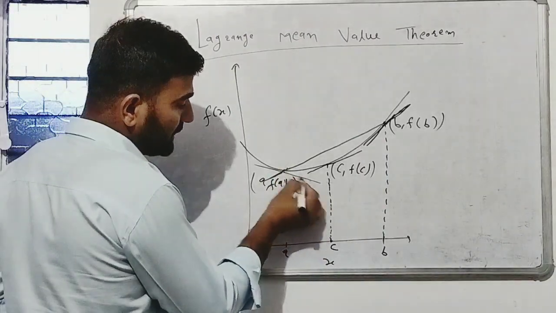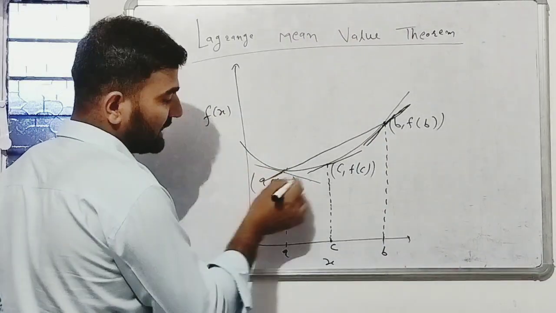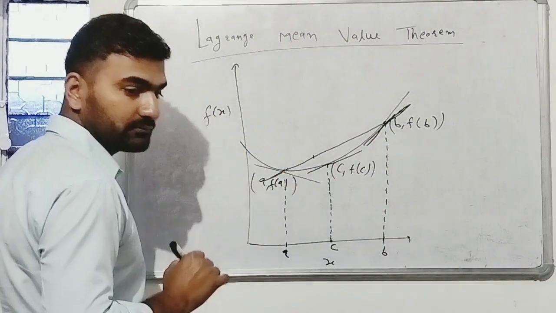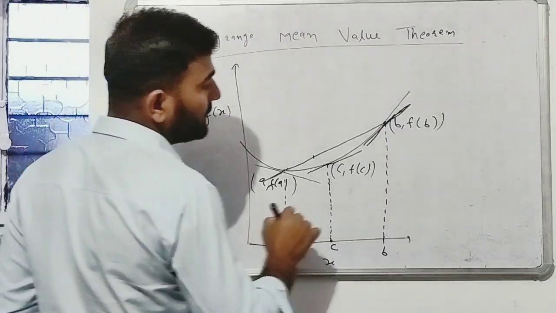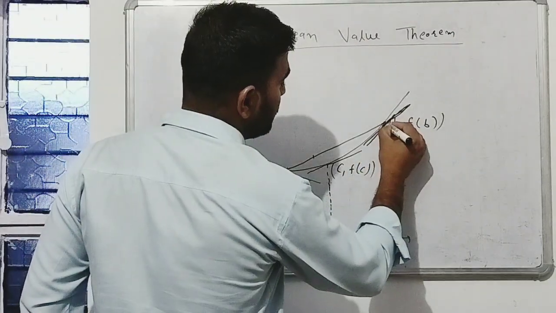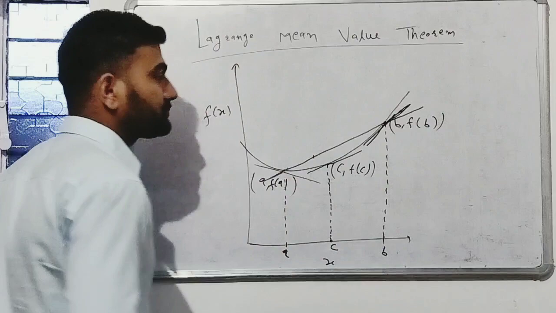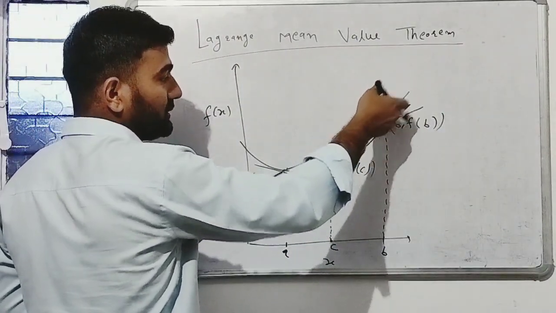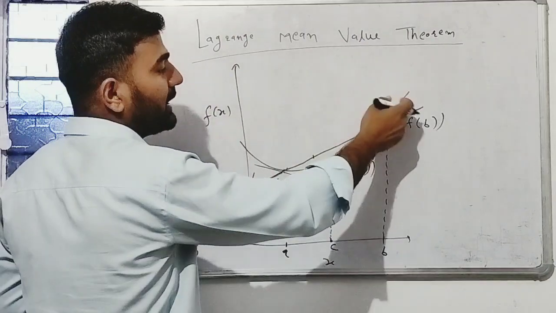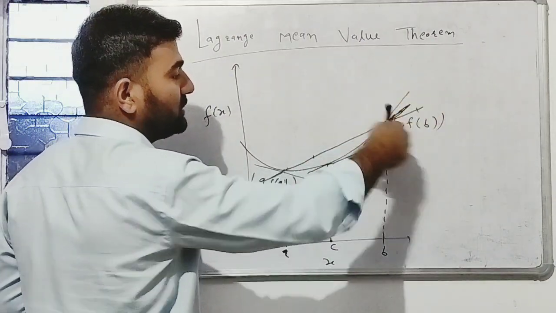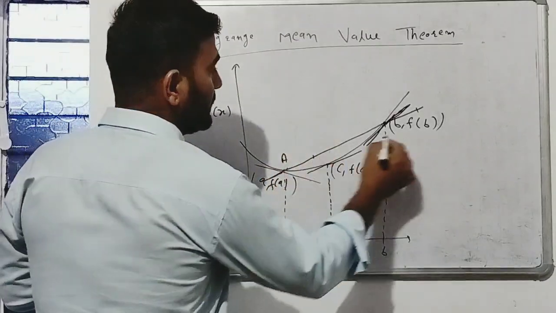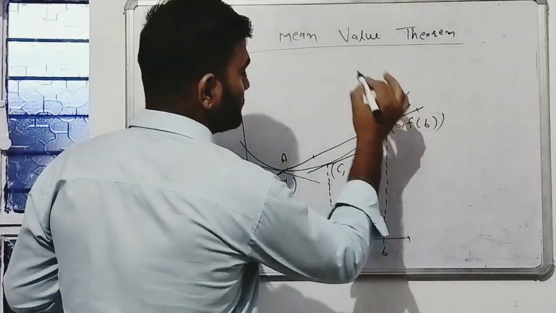Now the tangent at a has a slope less than the slope of this line, and at point b, we can observe that the slope of this tangent is larger than the slope of the line joining points a and b. Let's say this point is a and this point is b.